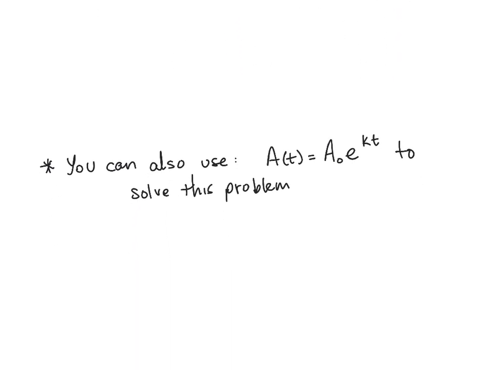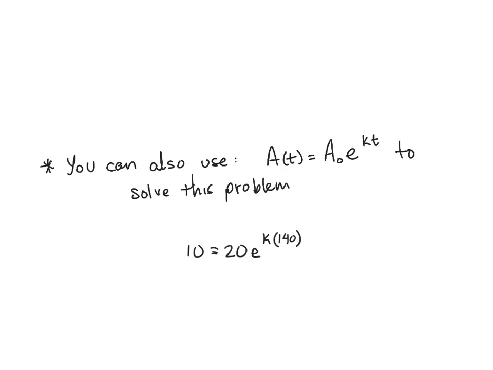So what you can do then is, if we have an initial value of 20, we don't know a relative growth rate, so I'm going to call it K, but I do know that after 140 days, half of the substance will be remaining because that's the half-life. So we can solve this equation for K to find the relative growth rate and then create a relative growth rate model.